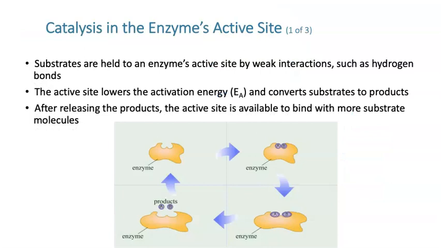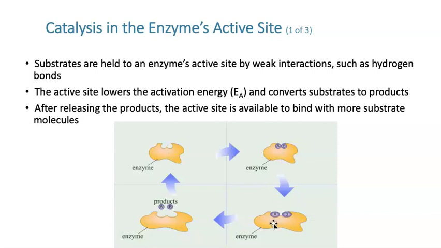So the substrate is held to an enzyme's active site by weak interactions, like hydrogen bonds. The active site then lowers the energy of activation by converting the substrate into products. But look what happens here. Here's our enzyme, and it changes its shape.